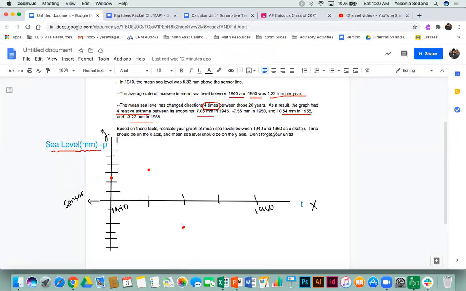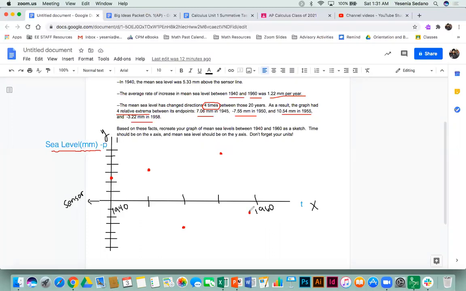And then 10.54 in 1955: 2, 4, 6, 8, 10. Again, if you have a ruler, it's neater. Then 1958, somewhere before 1960, it's negative 3.22, so somewhere down here.